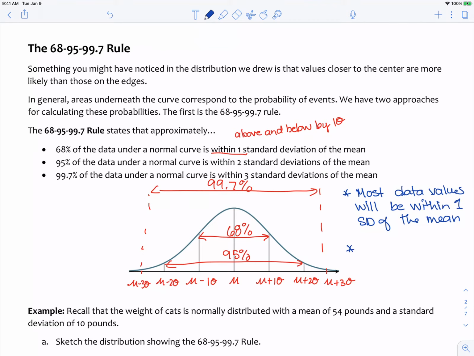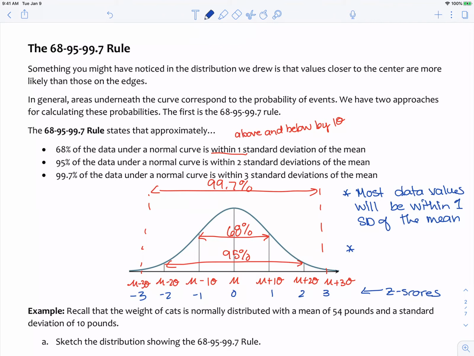The other thing that we connect to this idea is that we also have the idea of unusualness, right? And we said that values are considered unusual when they're more than 2 standard deviations from the mean. And we associated that with z-scores. It turns out, these points that I've added here, if we think of this in terms of a z-score scale, this would be 3, 2, 1, 0, -1, -2, -3.